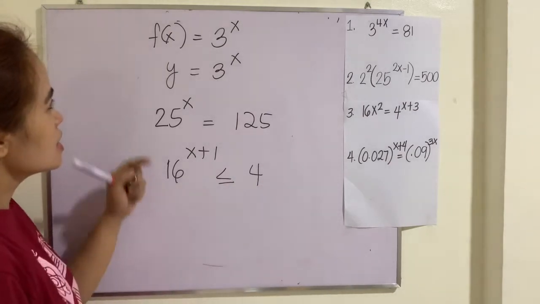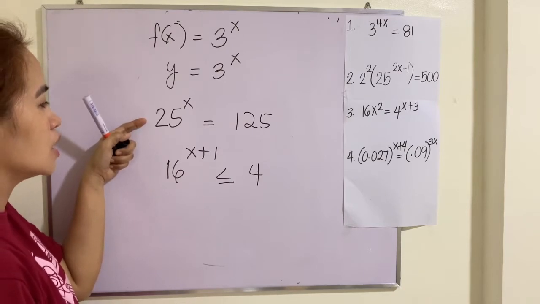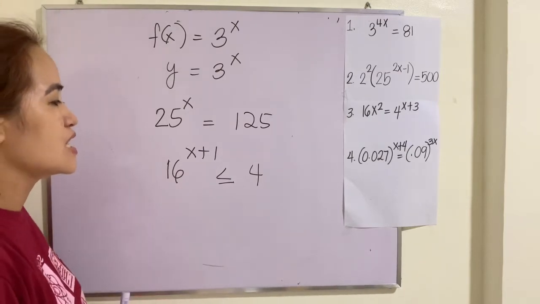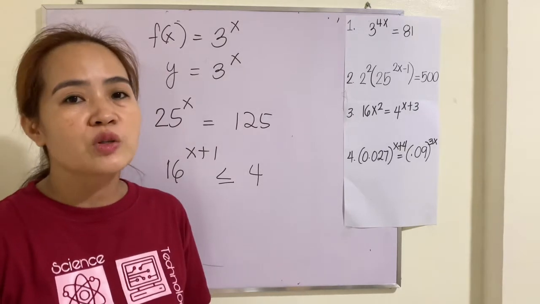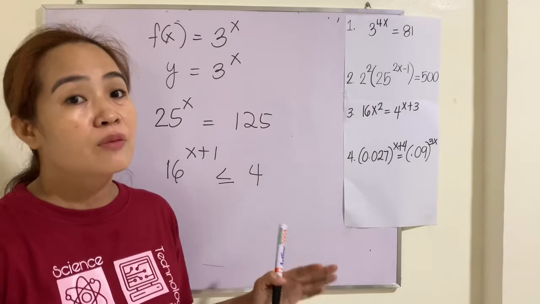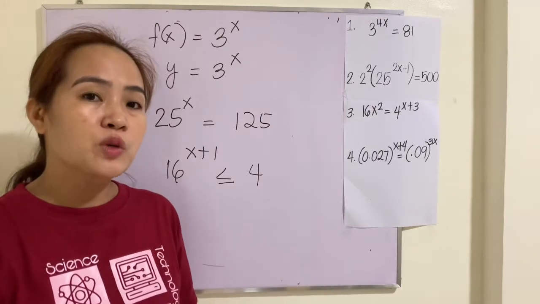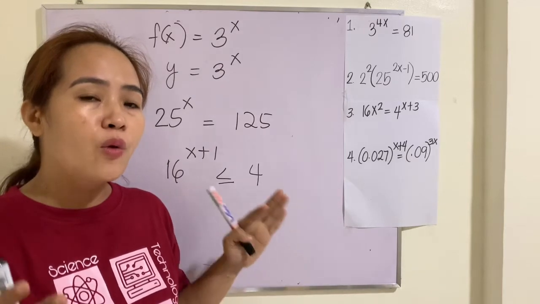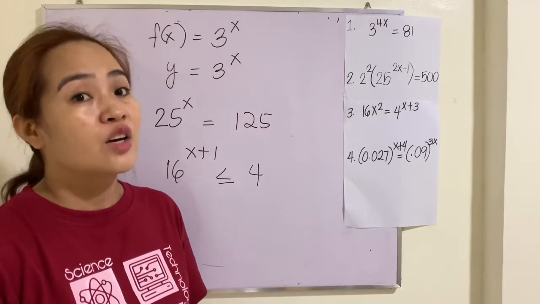So this is an example of an exponential equation, and this one is an exponential inequality. Remember that when we say exponential equation, we are forming an equation from the exponents. Same as in exponential inequality, we will be forming an inequality from the exponents.